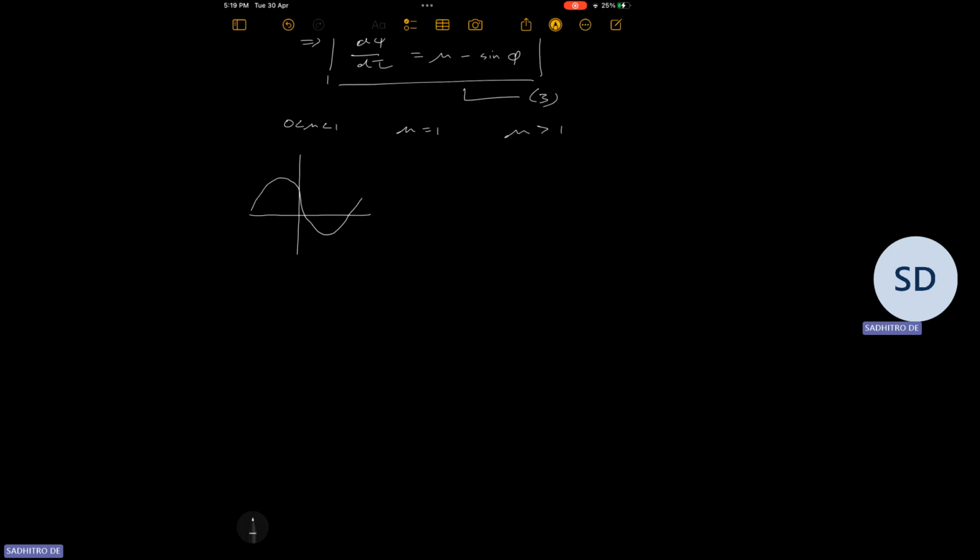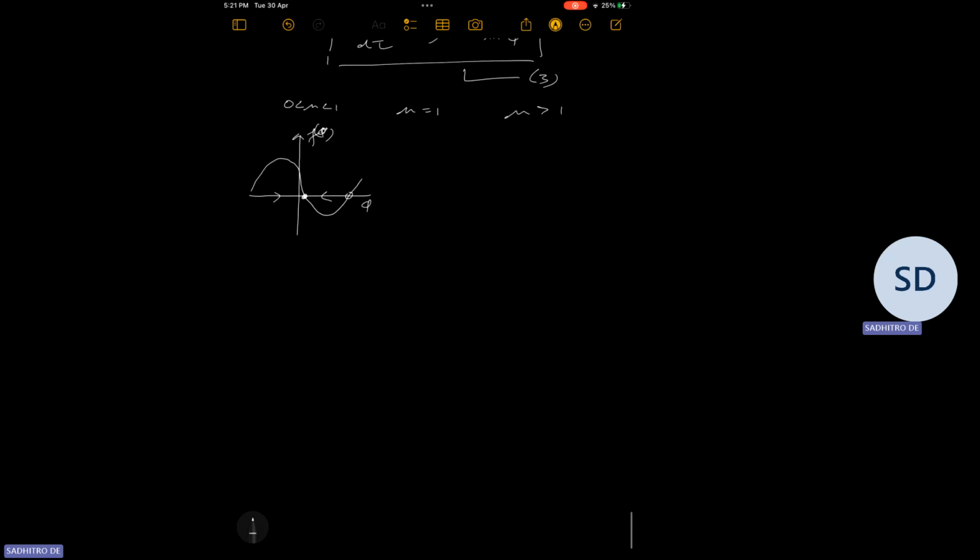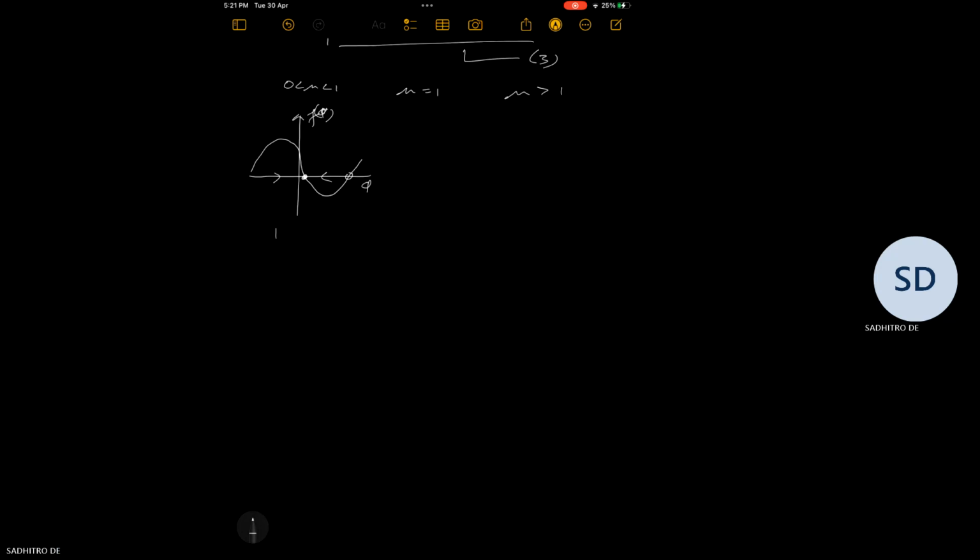Here there is a stable fixed point and an unstable fixed point. The flow is towards this stable fixed point. So when mu is lying between 0 and 1, there exists a stable fixed point in phi. That means phi tends to a constant value. So there will be phase synchronization between the stimulus and the firefly when this parameter mu lies between 0 and 1. So we can say that phase synchronization exists here.